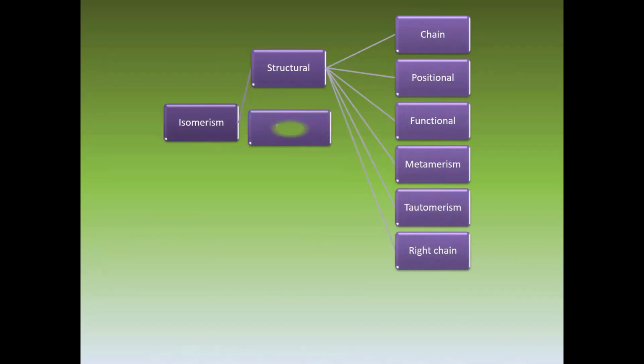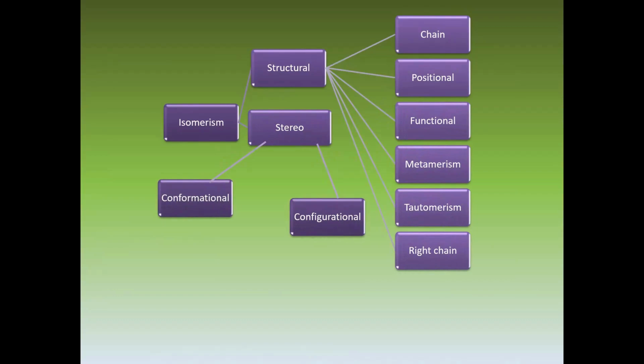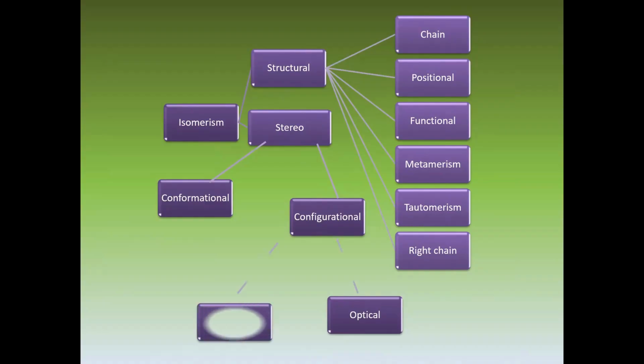The second type of isomerism is called stereoisomerism, which can be further divided into configurational isomerism and conformational isomerism. First of all, we will focus our attention on configurational, which is again of two types: optical isomerism and geometrical isomerism.